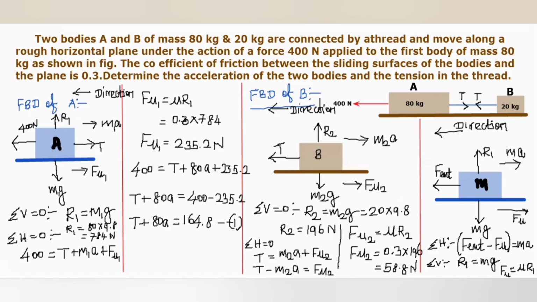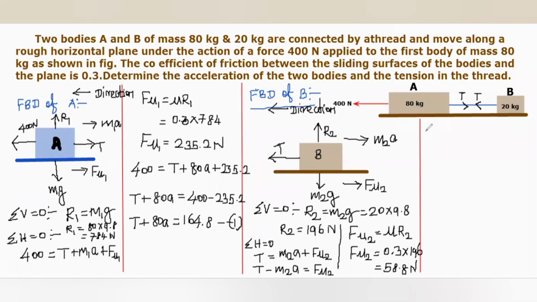When you substitute the value of M2 in the previous equation, T minus 20A equals, instead of F mu 2, that is 58.8. So this is the second equation.